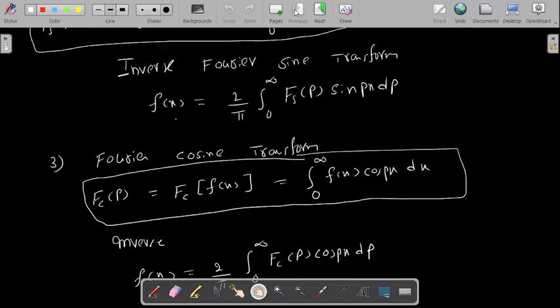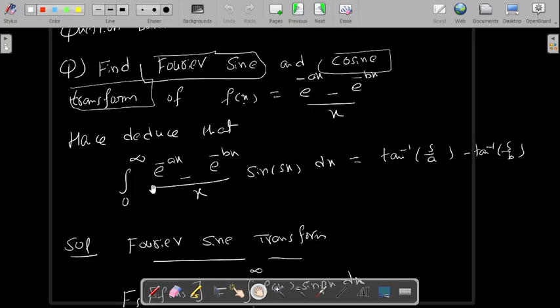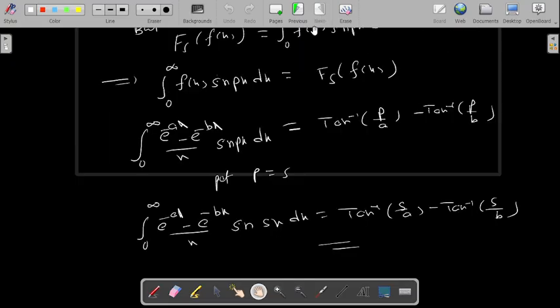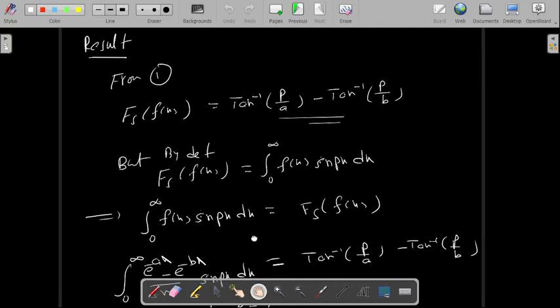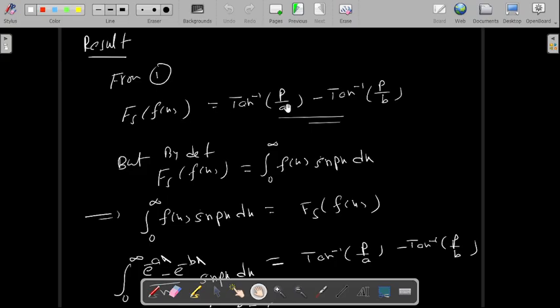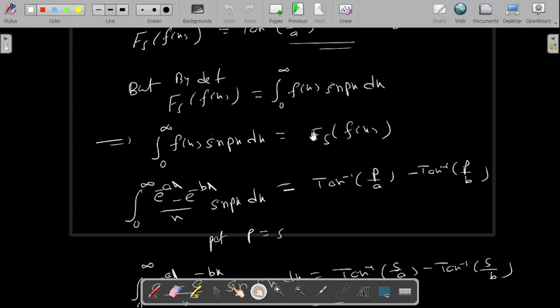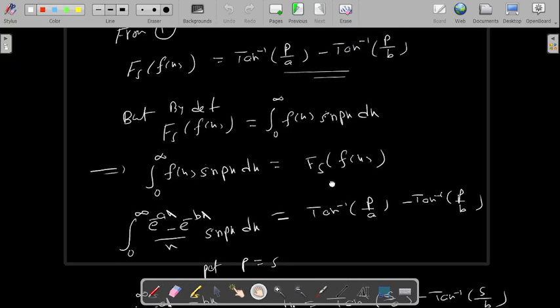Next, what he asked is to hence deduce this result. So we got the result. How did we get the result? By taking the definition of Fourier sine transform, written in reverse. Here on the right side is Fs of f of x, whose value is tan inverse p by a minus tan inverse p by b. So we have written this.